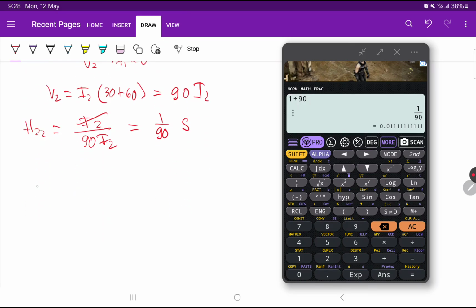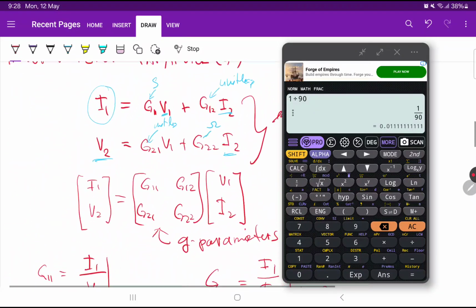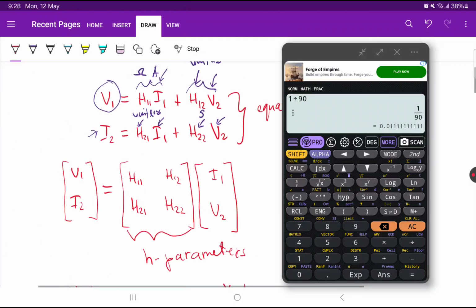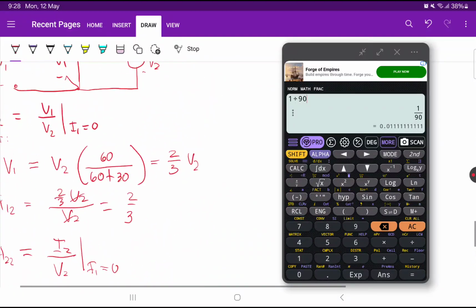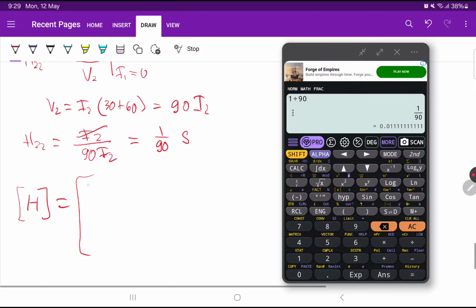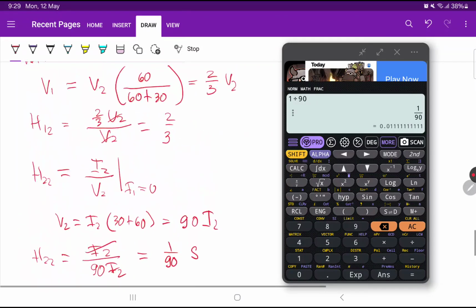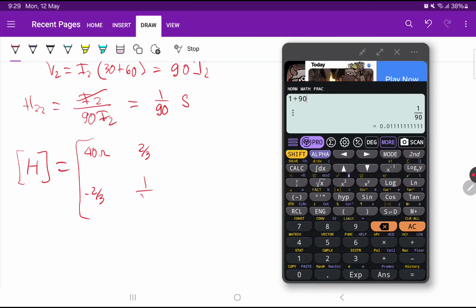So our final answers now, because we are solving for the H parameters. We have already solved them: H11, H12, H21, H22. H11 is 40 ohms, H12 is 2/3, H21 is negative 2/3, then H22 is 1/90 Siemens.